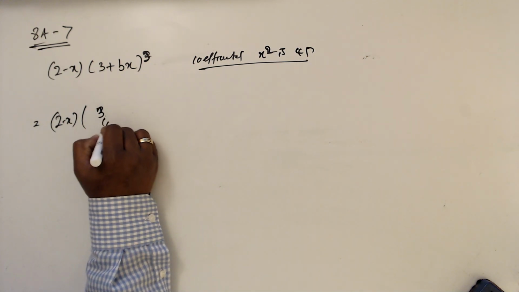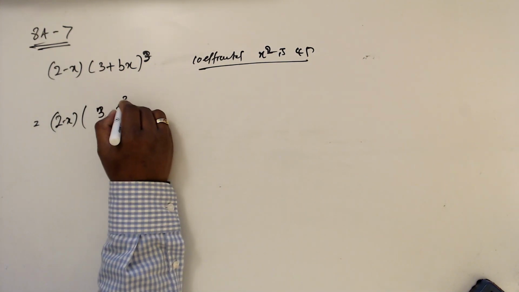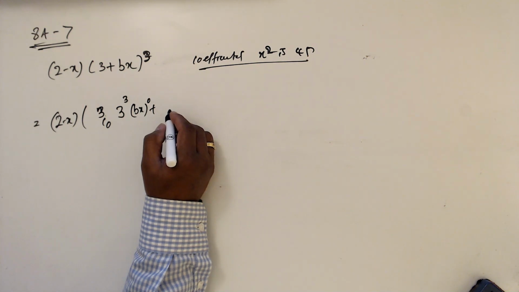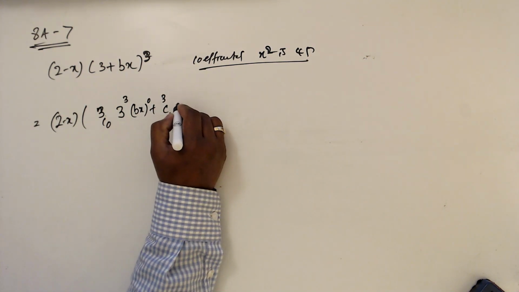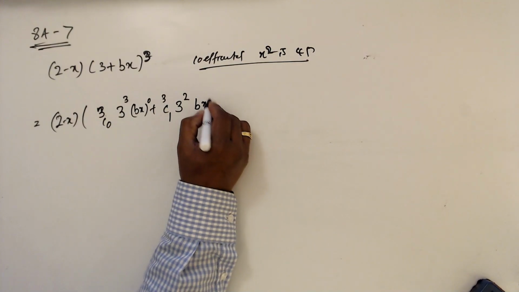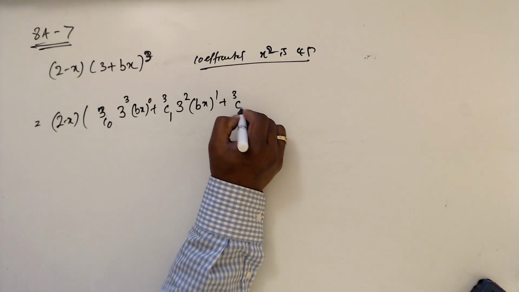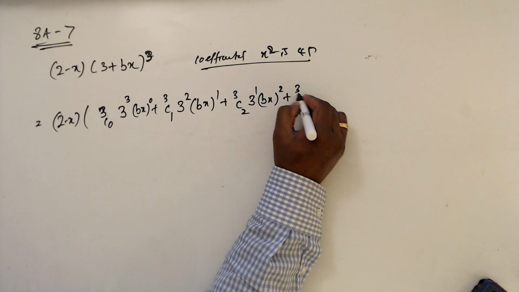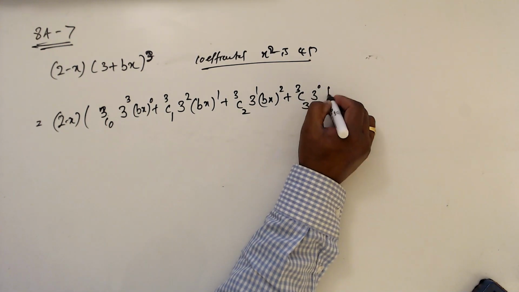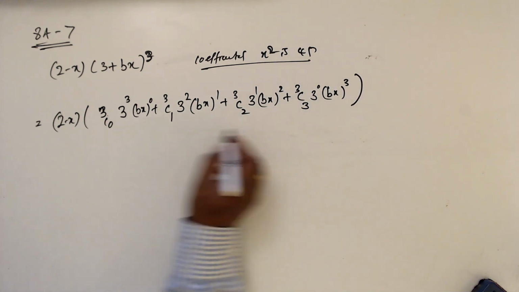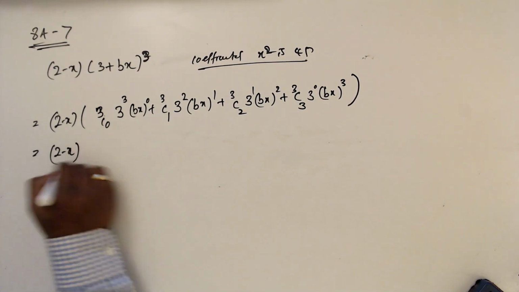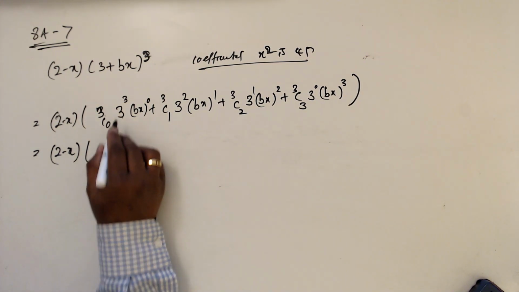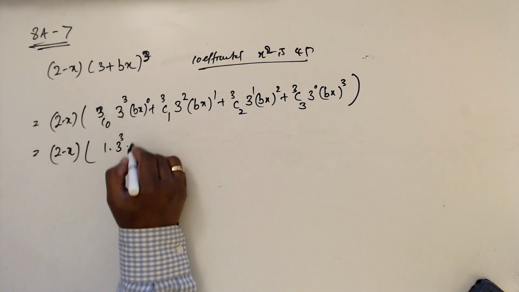3C0 3 to the power 3, b x to the 0; 3C1 3 square, b x to the 1; 3C2 3 to the 1, b x square; 3C3 3 to the 0, b x cube. So this is going to be 2 minus x times: this is 1, 3 cube, this is 1, bx cube.